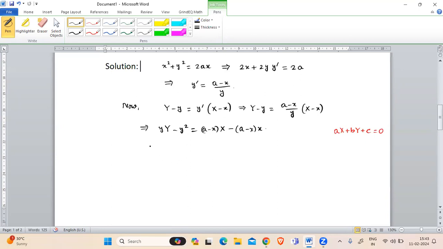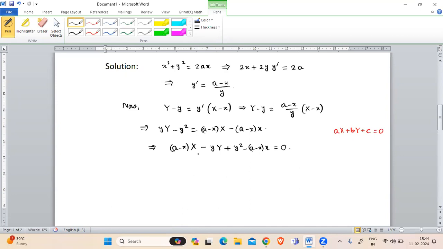Now accordingly this can be rewritten as a minus x into capital X, some term into x, and then if I take this term to the right hand side, minus y into capital Y is what I get, and the rest of the terms will be rewritten as they are, and that will give me plus y square minus a minus x into x equal to 0.